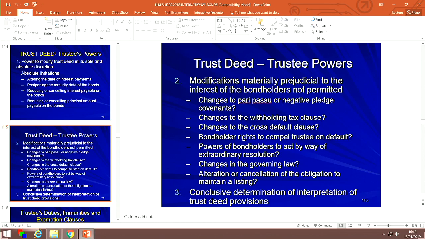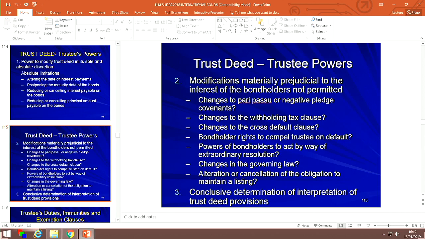Assume the trustee wants to change the pari passu clause. Assume the trustee wants to change the negative pledge clause, changes to the withholding tax clause, changes to the cross default clause, the powers of bondholders to override the trustee by way of extraordinary general resolution, or change the listing of the bonds.